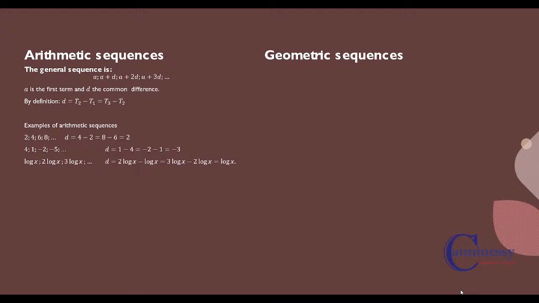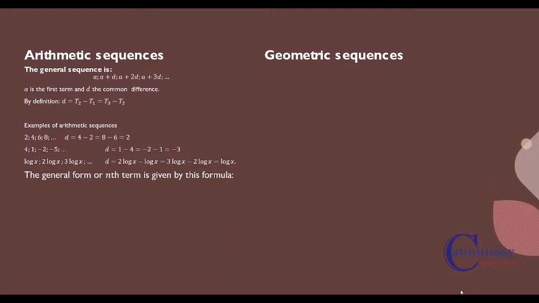Another example, we have log x, 2 log x, 3 log x. So the common difference is successive term minus previous term. In this case, 2 log x minus log x, or 3 log x minus 2 log x, which is equal to log x.